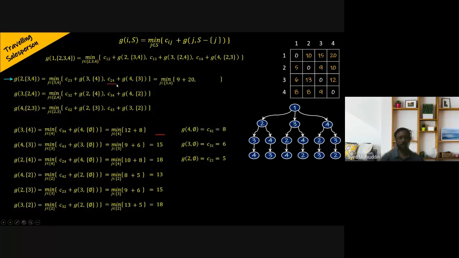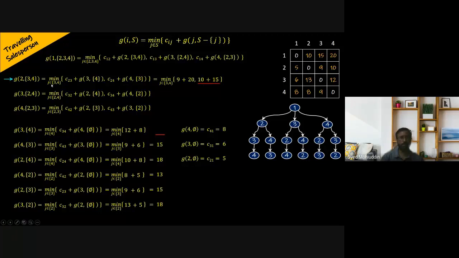And for vertex 4, we have the cost of 2 to 4, which is 10, plus G of 4 to 3, that is in this case 15. So minimum of these two.